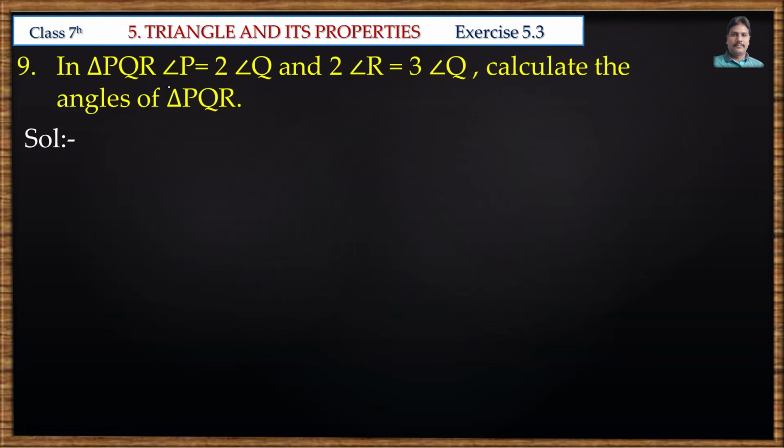Here relationship between angle P and angle Q is given and relationship between angle R and angle Q is given. So angle Q is common in both the relations. Suppose angle Q is equal to x degrees.